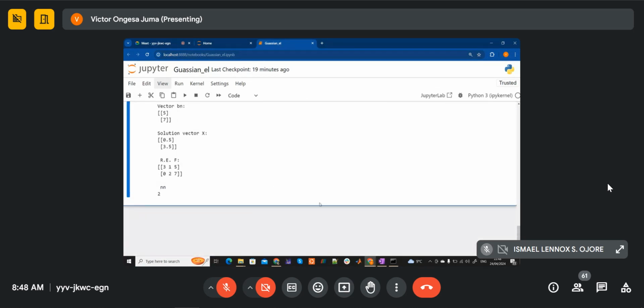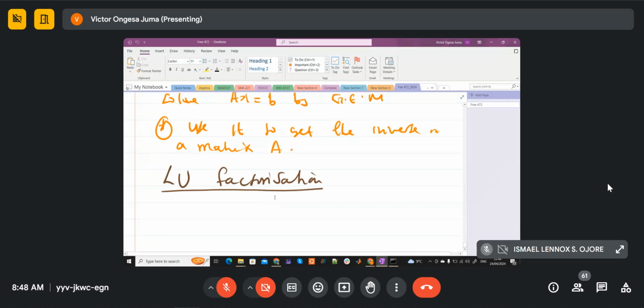So we go to what we wanted to cover today. We wanted to look at the last method, which is called the LU factorization.